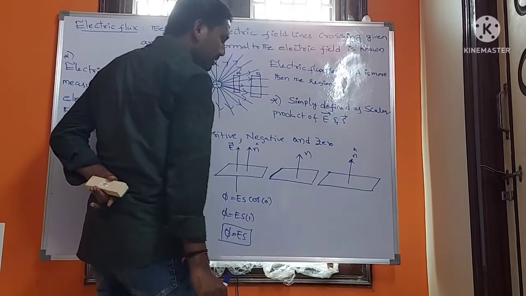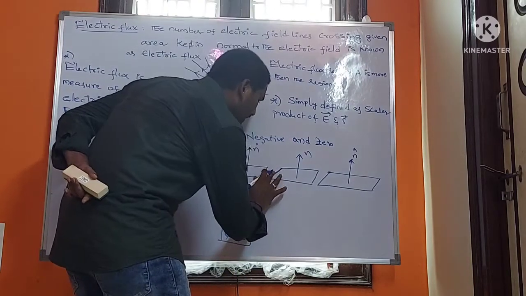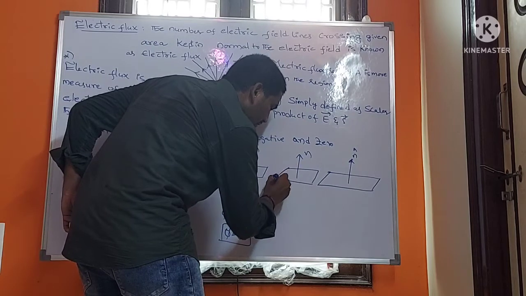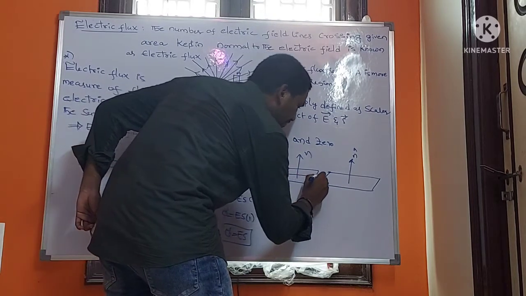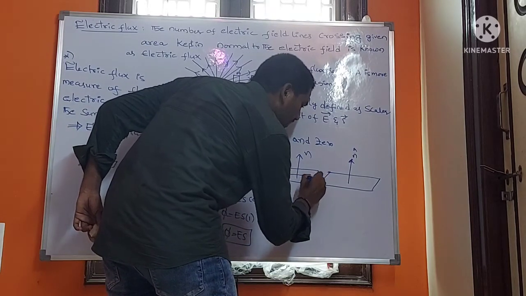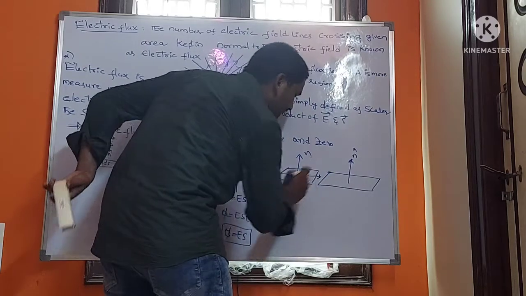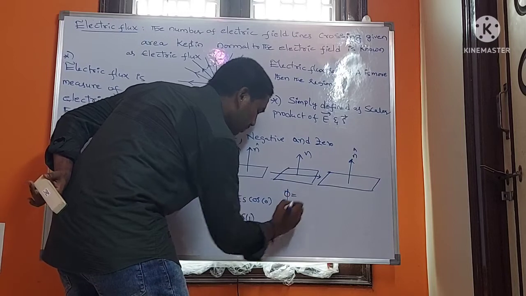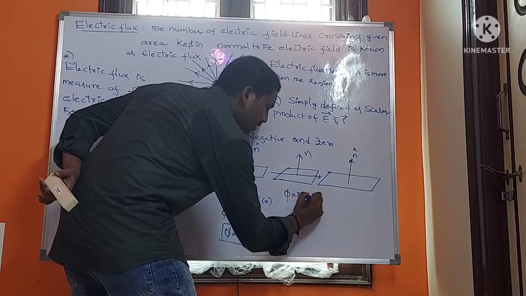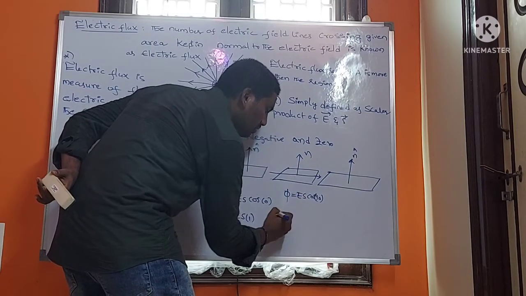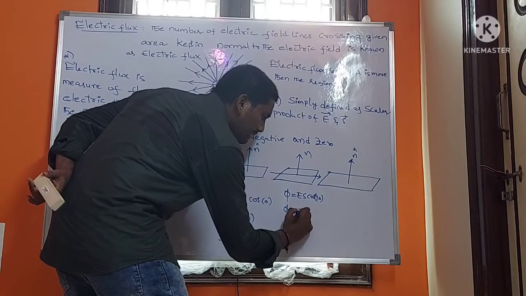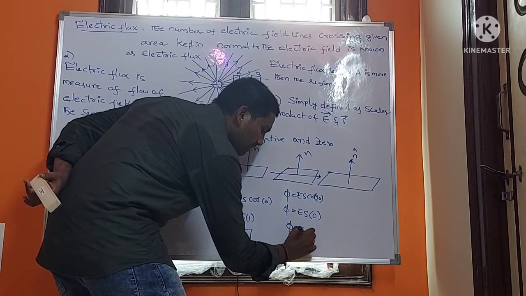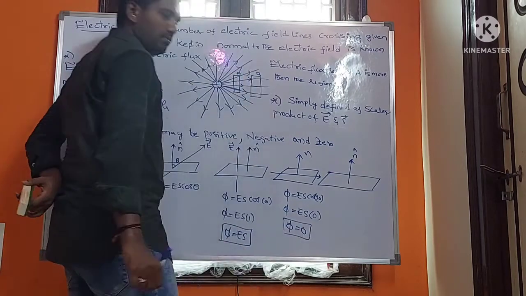Okay, in this condition, the electric field lines pass perpendicular to the area element, so flux is equal to ES cos 90, and cos 90 is 0, so the total flux is equal to 0.